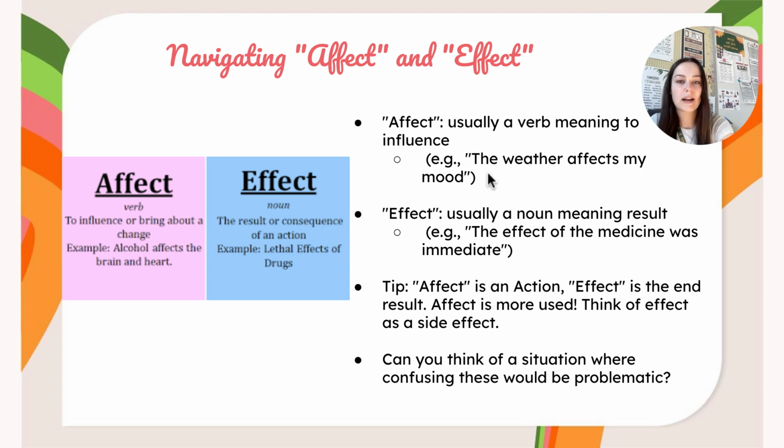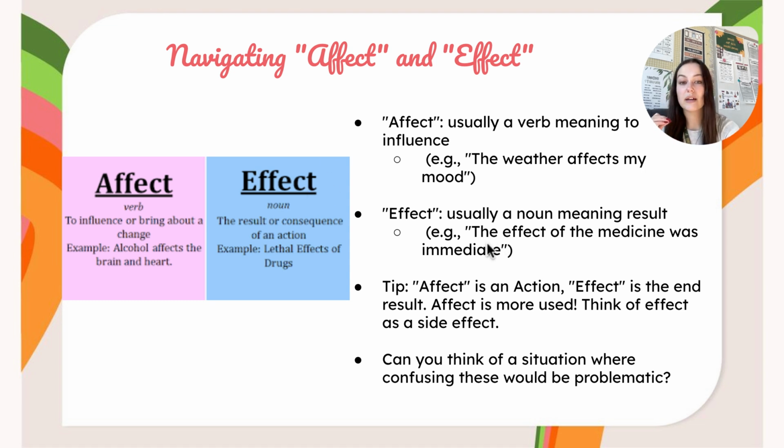So, for example, what I have here is the weather affects my mood, right? It is acting as a verb, right? It's an action of what something causes. All right. So, affect, right? It's usually a verb meaning to influence something. And then we have effect with an E, and this is a noun meaning result. So, effect you're going to use when you're talking about like a side effect, right?